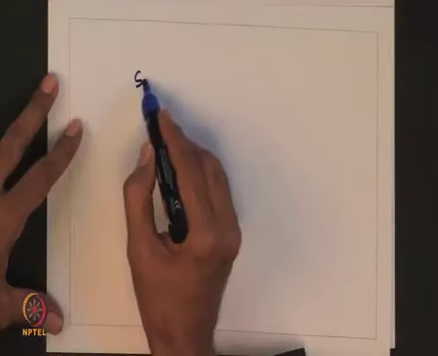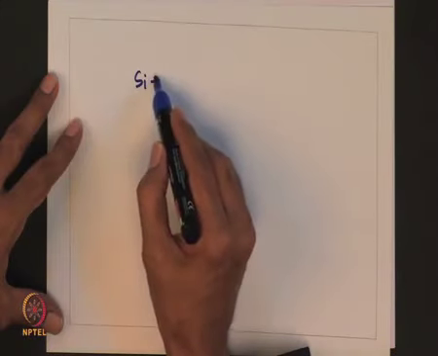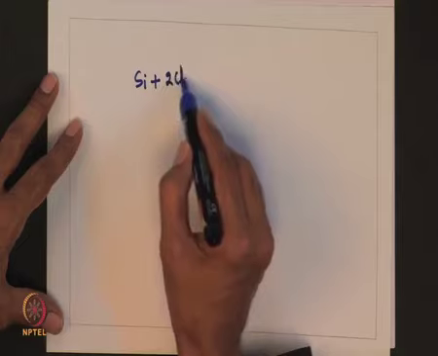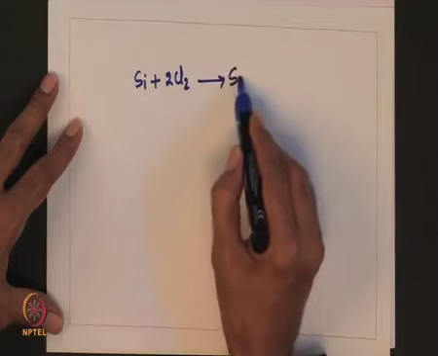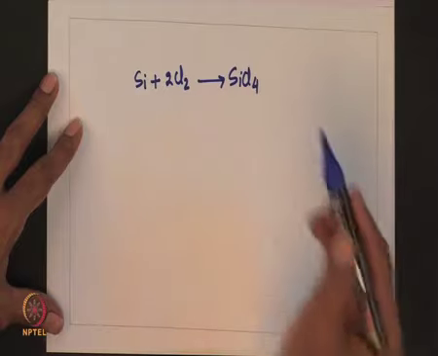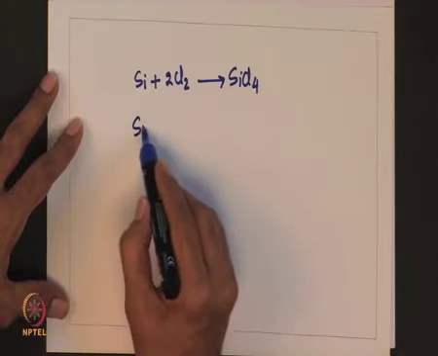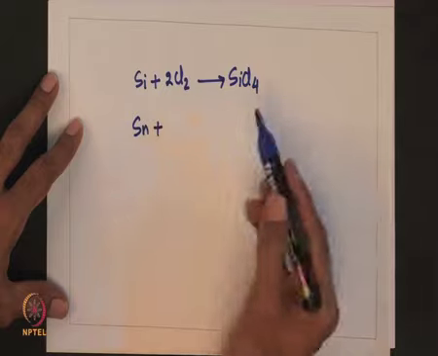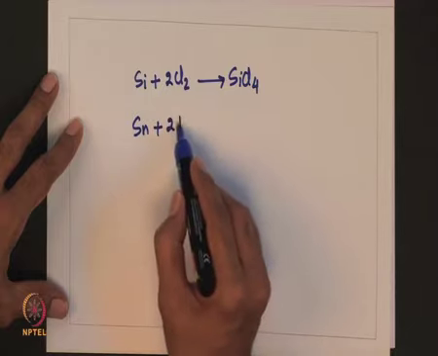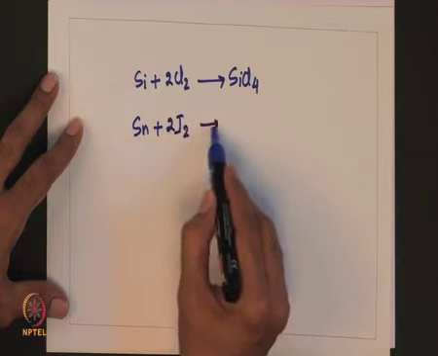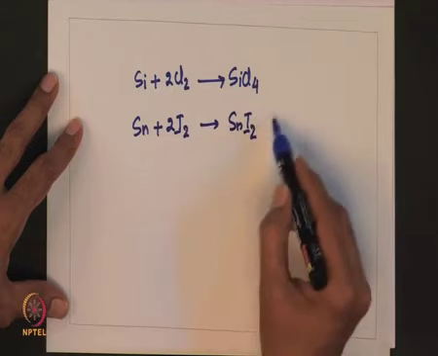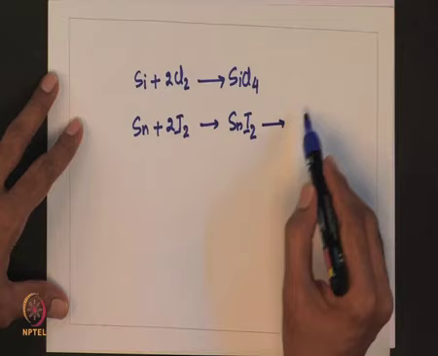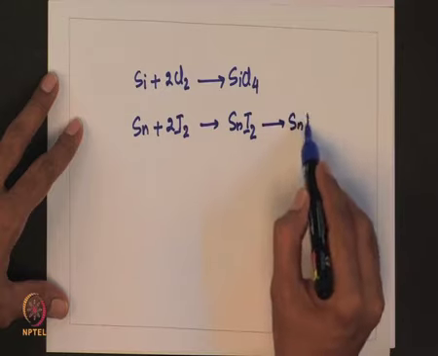For example, silicon when combined with chlorine at high temperature gives SiCl4. Similarly, tin metal when it is interacted with iodine gives SnI2 to start with, and on further addition it gives SnI4.